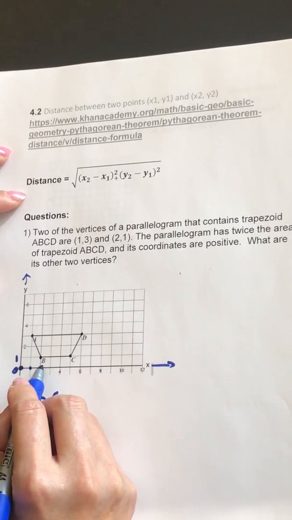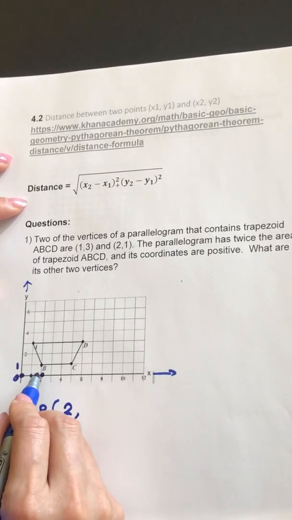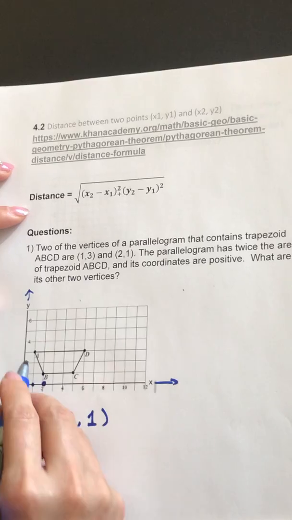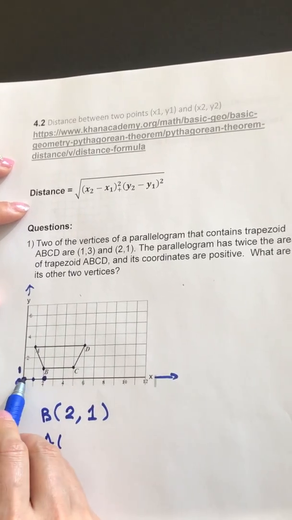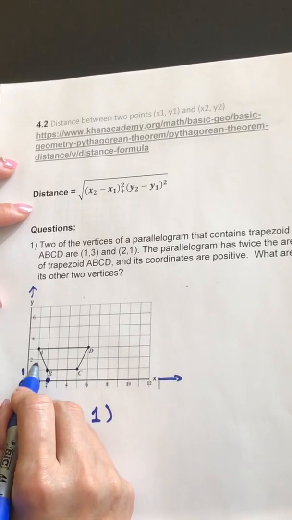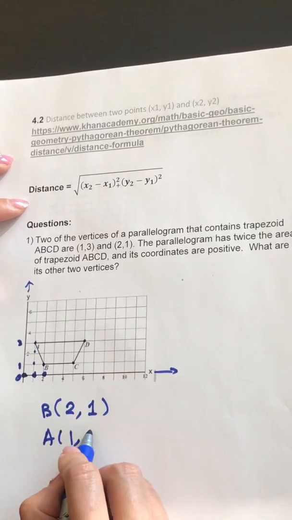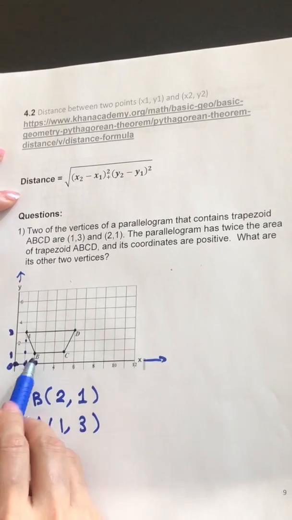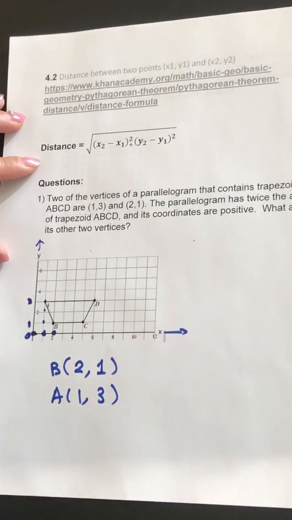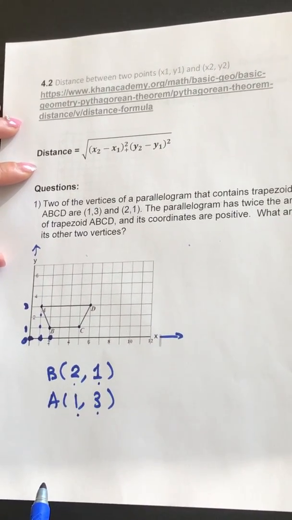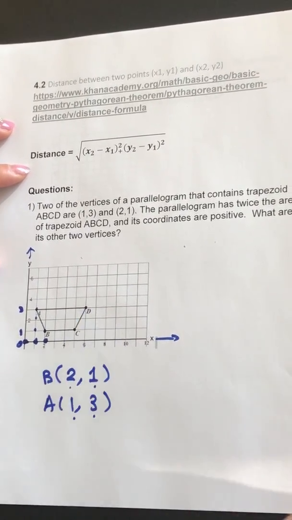So B has a horizontal location of 2 and a vertical position of 1. And for A, horizontal position first, we go 1, and then we go up 1, 2, 3. So the vertical position for A is 3, giving (1, 3). In this case, point A and point B are completely identified using these pairs of numbers. And the same goes for C and D.